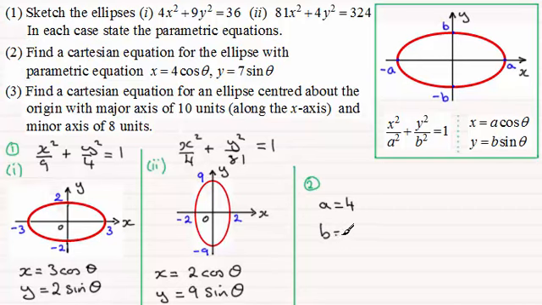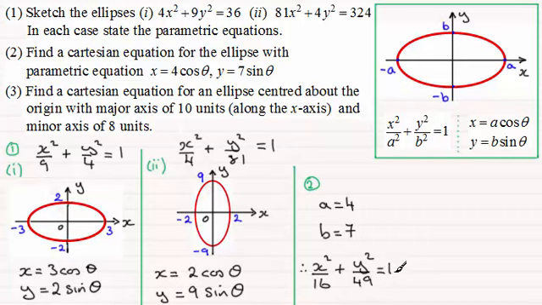So when it comes to writing down the Cartesian form, then it's going to be x squared divided by a squared, so that's going to be 4 squared, which is 16, plus y squared over b squared. 7 squared is 49, and that equals 1.